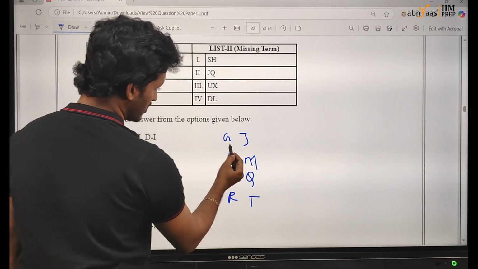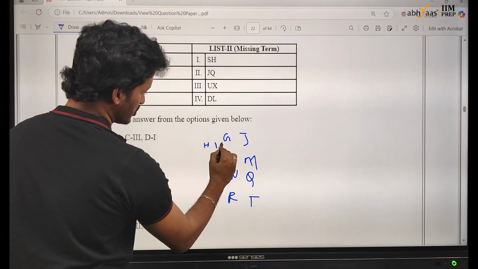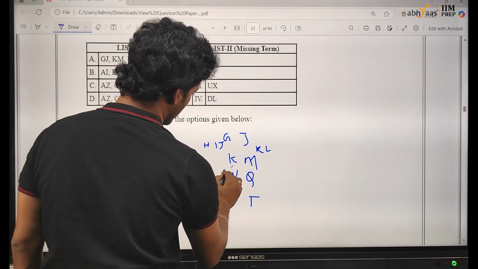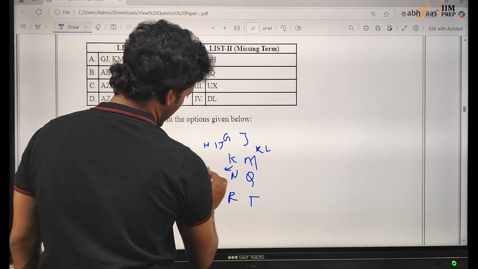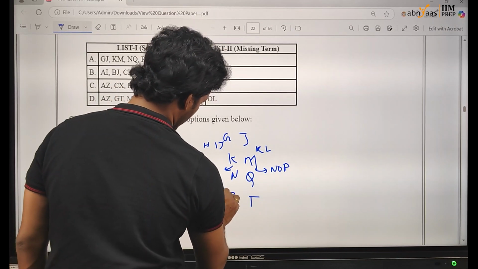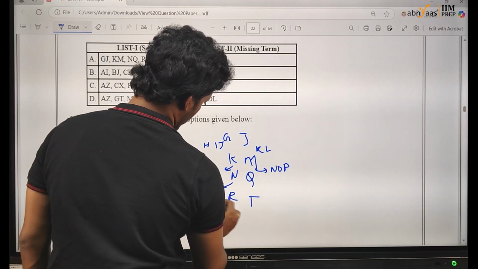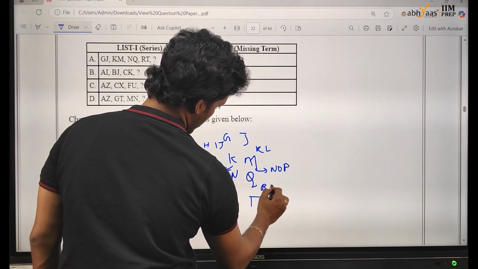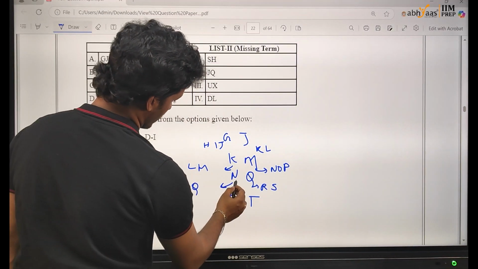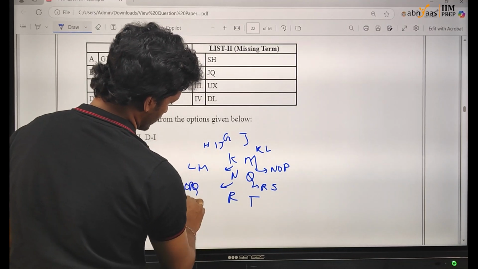So the missing letters here are HI, here KL, here LM, here NOP, and here OPQ. Sorry.